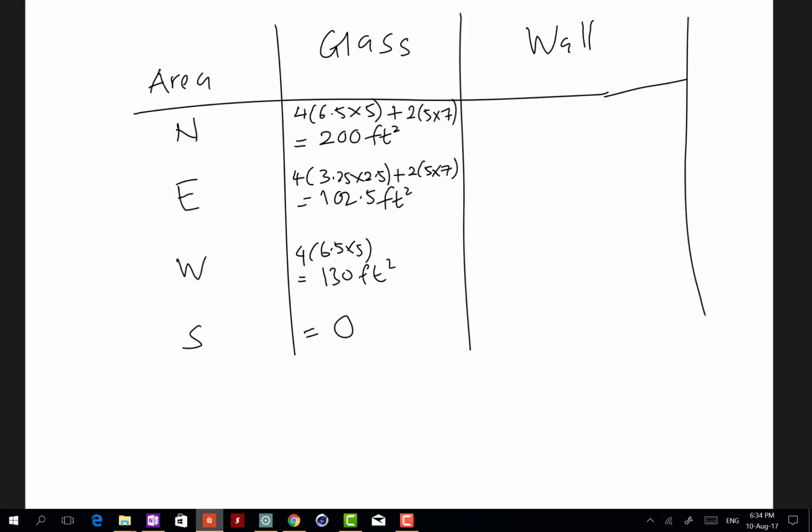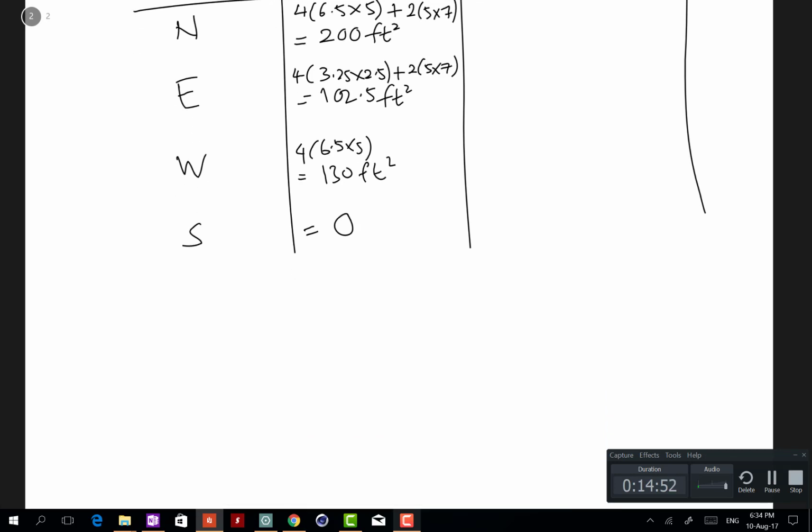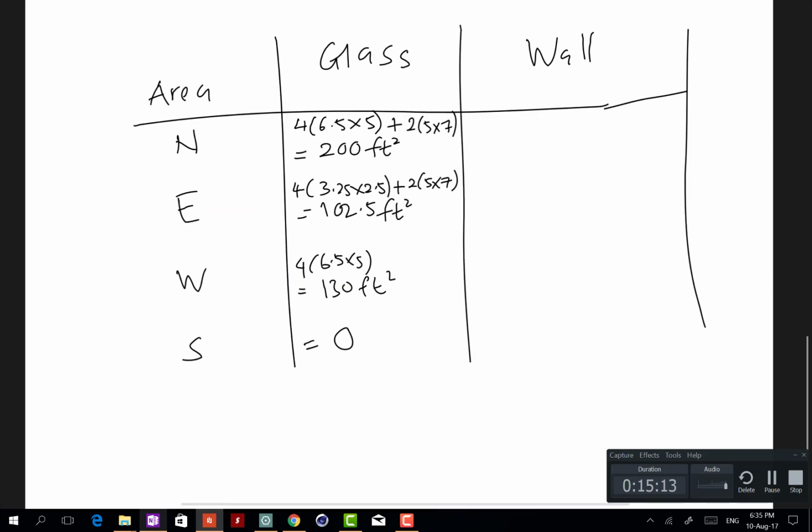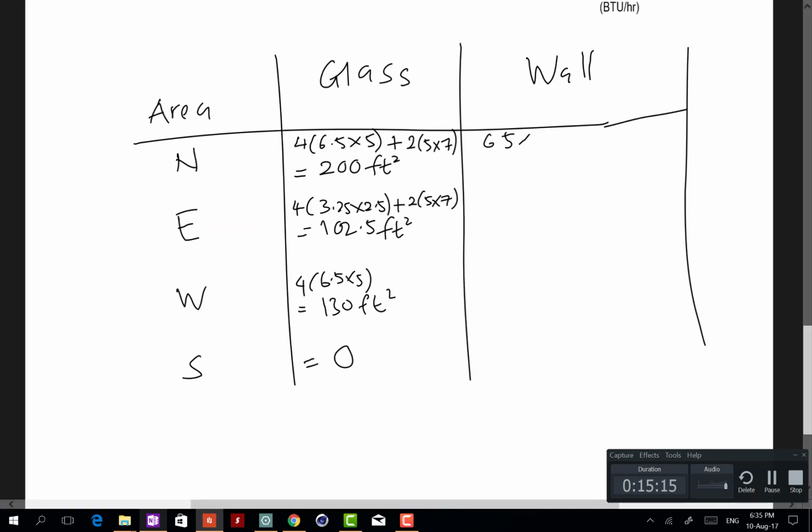And then for the wall, basically we need to find the total area for that direction minus the glass area. For example, we know that the height of the building is 10 feet and the width is 65. Means that on the north direction, the total area is 65 multiplied with 10, and then you need to minus 200.